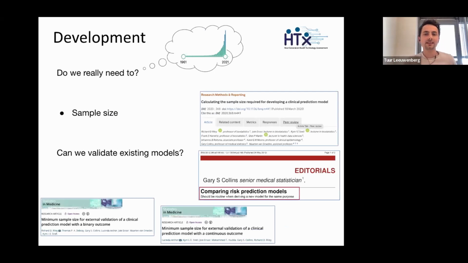Because if you didn't find a model for the thing that you are trying to predict, then you should maybe go back to the search, because there are many models these days out there. And also, if you need to develop from scratch, then you need to have one set of data for development, but also data for evaluation. So it just requires a lot of extra resources.